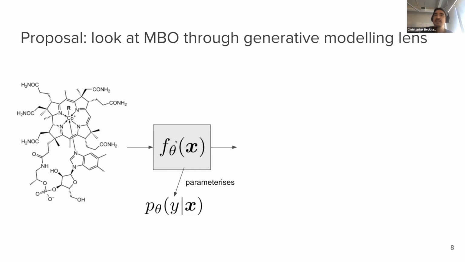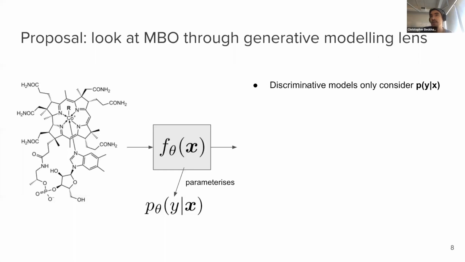We can think of f of x as parameterizing the mean of a distribution. So obviously these are not the same, but it's good to think about things probabilistically. So f of x does parameterize p of y given x. And even for the ground truth oracle, there is this notion of a p of y given x, because the ground truth oracle can also be stochastic, right? Due to sensor drift and stochasticity in sensor measurements.